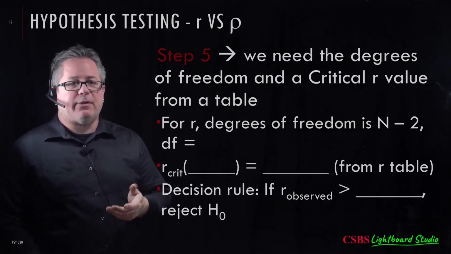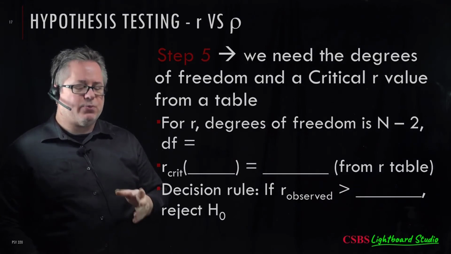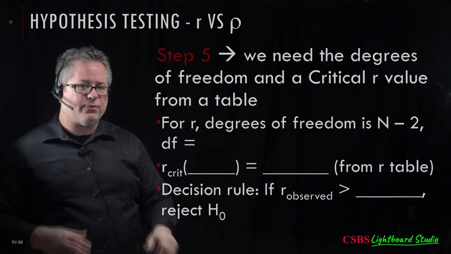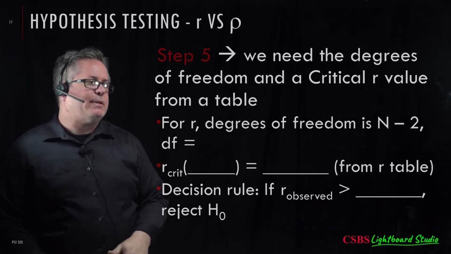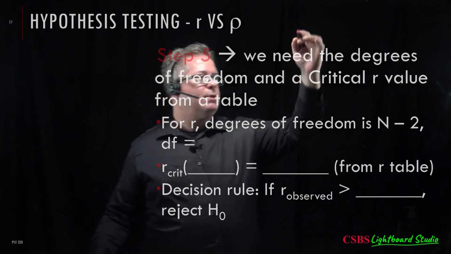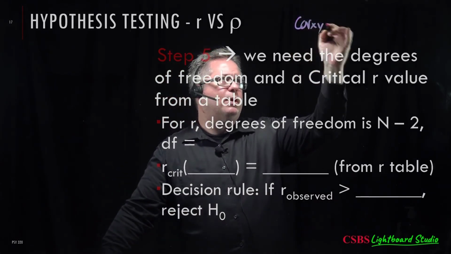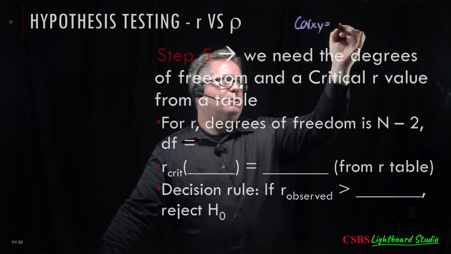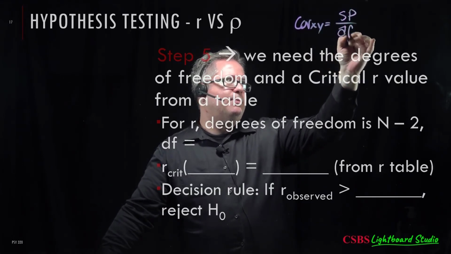So for step 5, we need the degrees of freedom. And this is one of the places where the general rules that we follow get broken. I always think this is a little bit odd, because when we compute the covariance, covariance of x and y equals our sum of products over degrees of freedom.